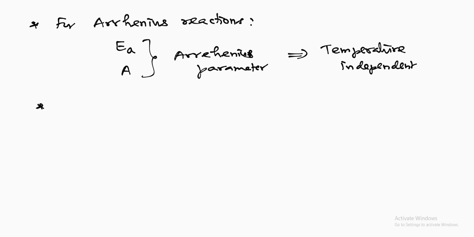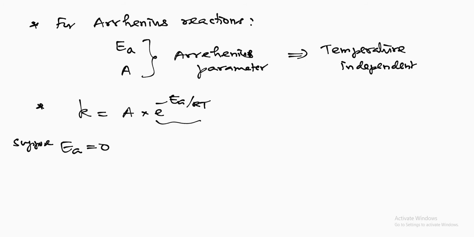Now what happens? What's the reason for this EA? Observe this carefully. K is equal to A into e power minus EA by RT. This is the Arrhenius equation. Suppose EA is 0. EA 0 means this becomes 1, so K becomes equal to A. And this A is nothing but K max, that is the maximum rate constant possible.